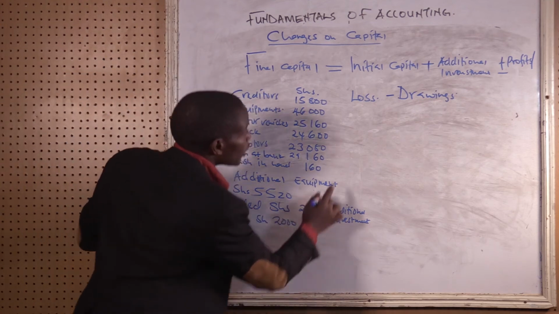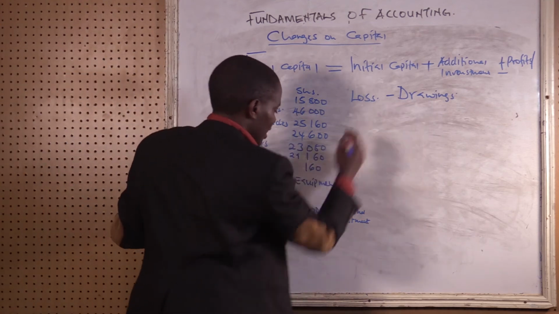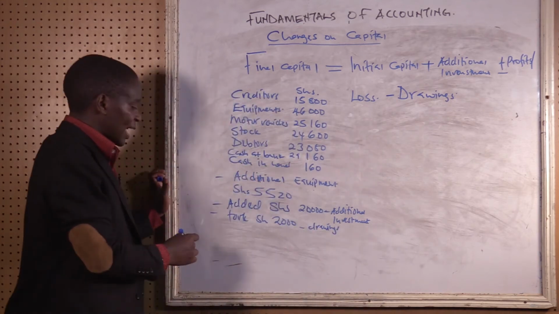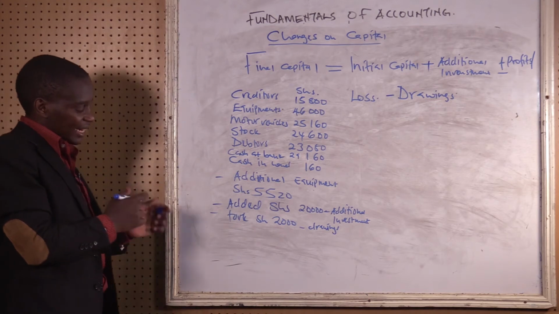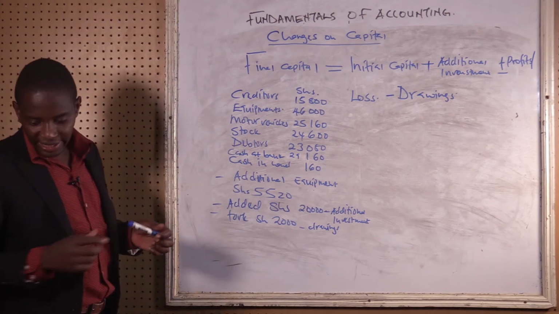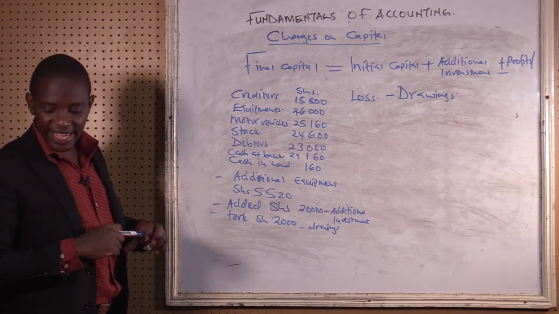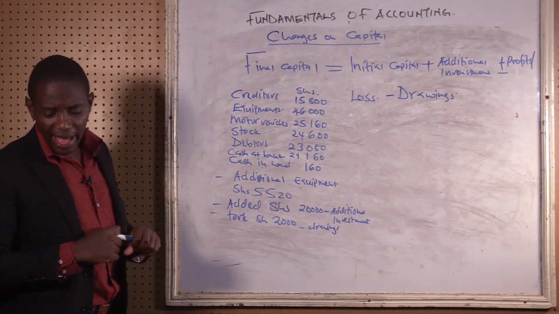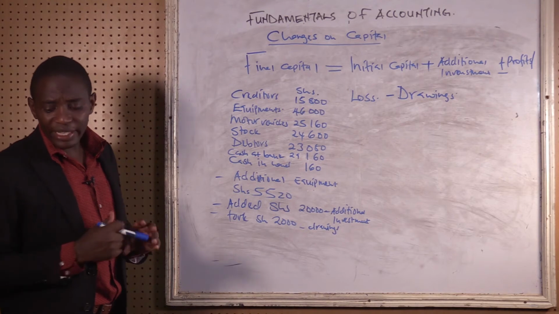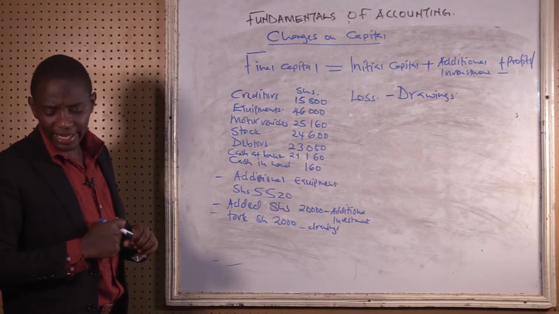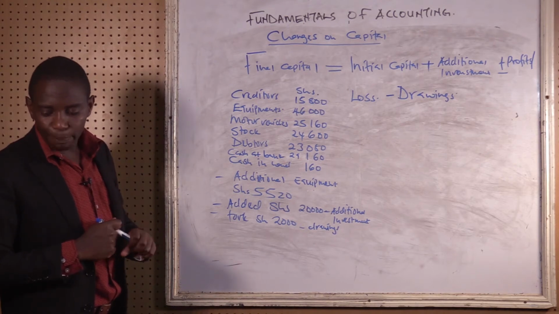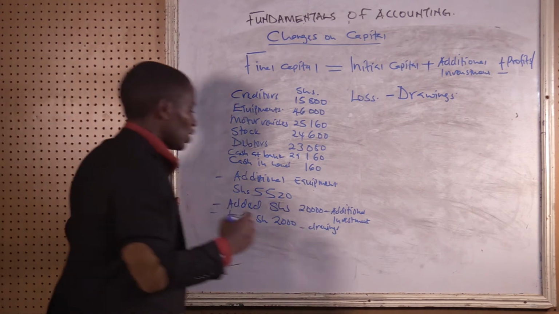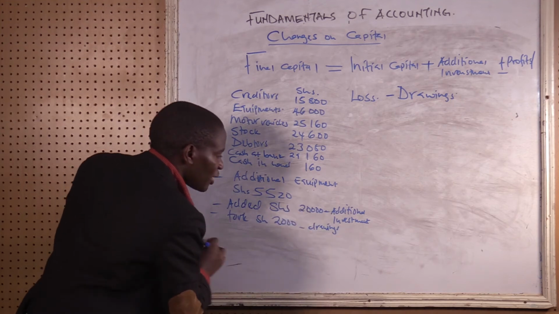This one is what we have referred to as drawings. That is, he took shillings 2,000 as drawings. Then we are told that during the year, the business made a profit of shillings 14,000.